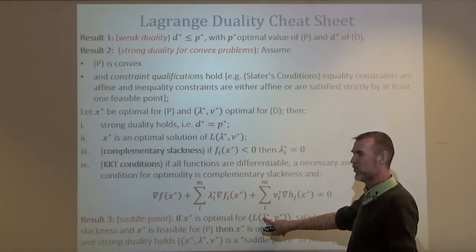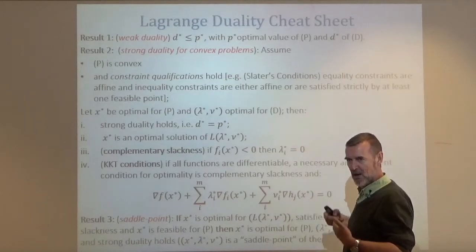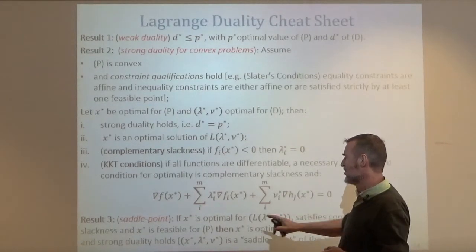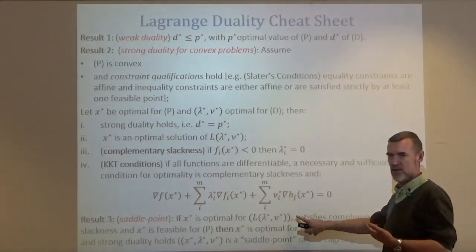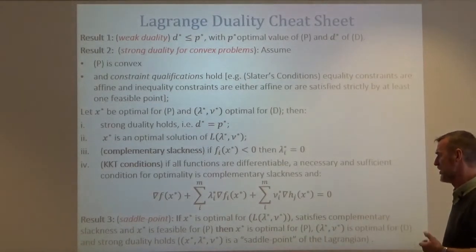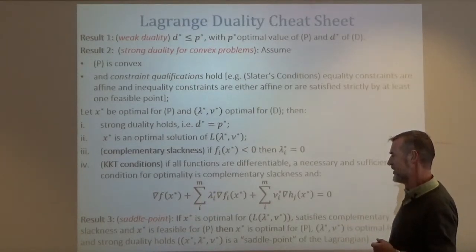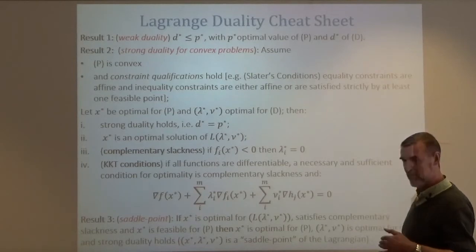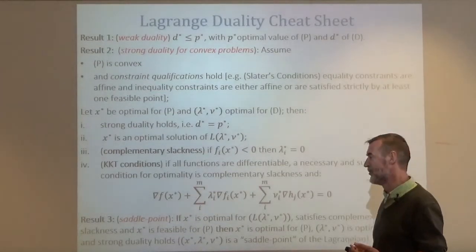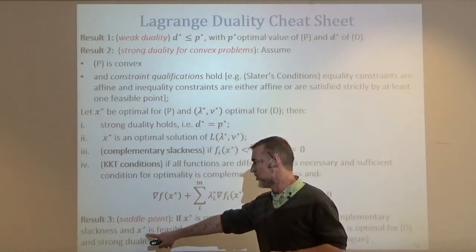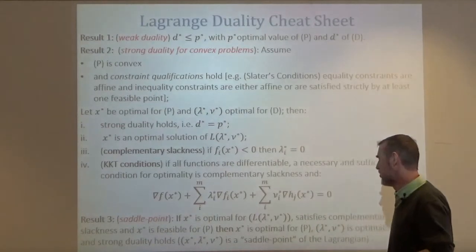So I still don't know whether lambda star and mu star are optimal, but I solved equations by putting as condition that x star must be optimal for this problem, which again is a non-constrained problem, so easier to express analytically. I need, in addition, to have the complementary slackness. Then, to see whether I really have a solution of my original problem, the only thing I need to do is to check whether the x star is feasible for the original problem.